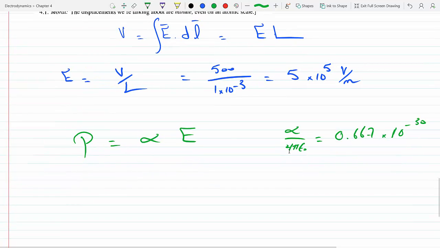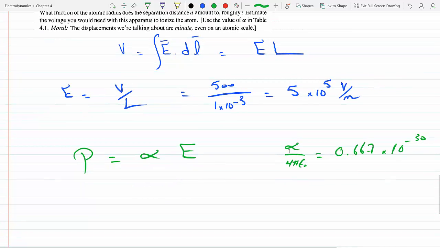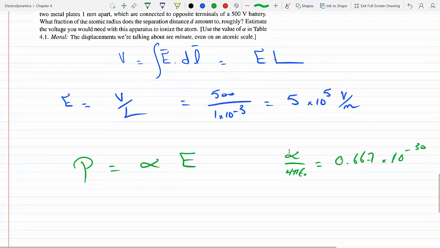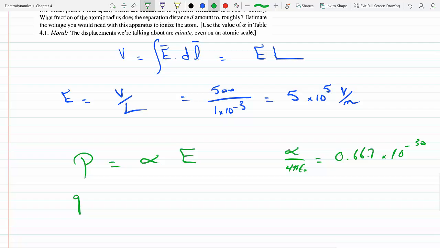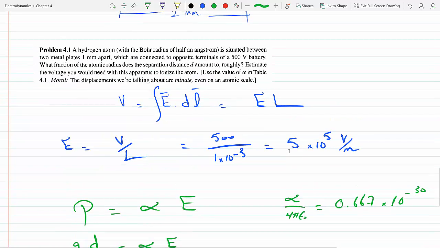Okay, and P is just the dipole moment of the electron cloud, right? That would just be the charge times the distance that we are looking for, equal to alpha E. So I'm looking for what fraction of the atomic radius the separation distance amounts to.